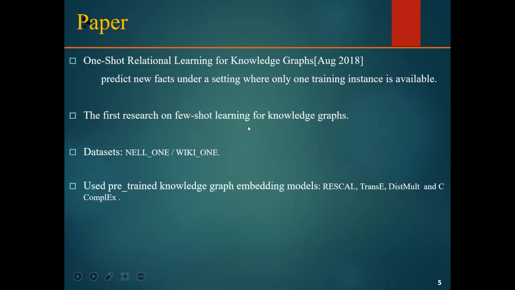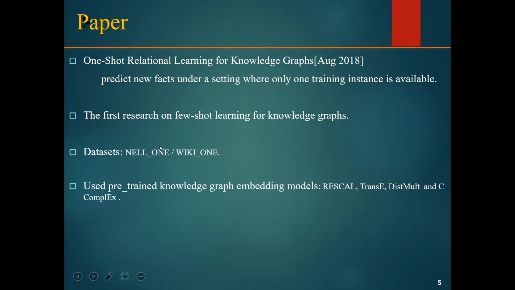So this paper discusses using one-shot relational learning for knowledge graphs, and it was the first paper to discuss this problem of one-shot learning for the knowledge graph. It tries to predict new facts when we have only one training instance.